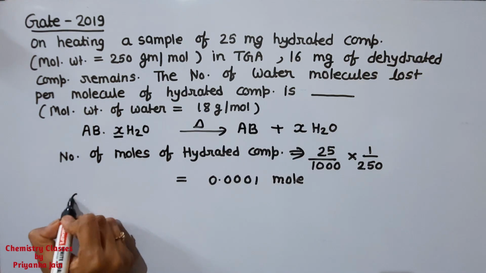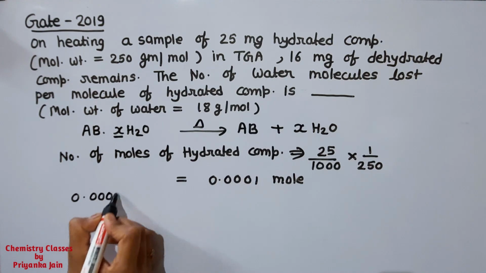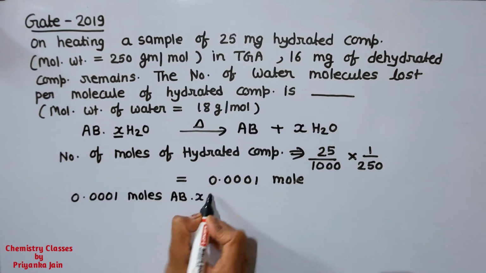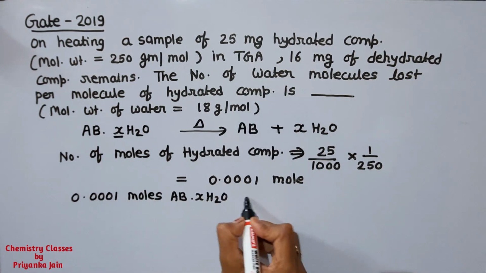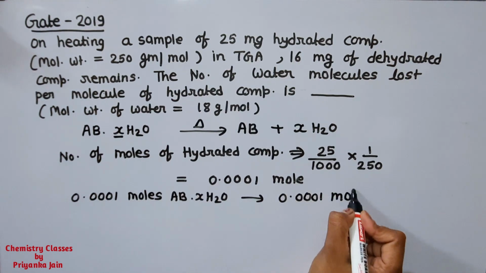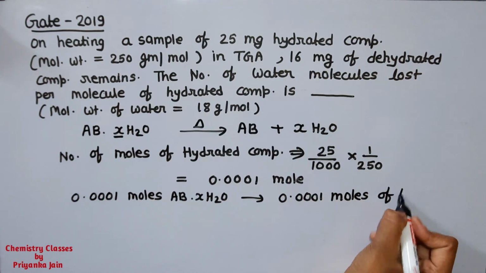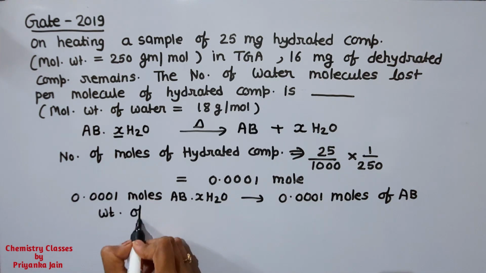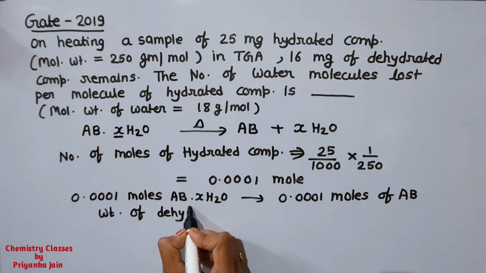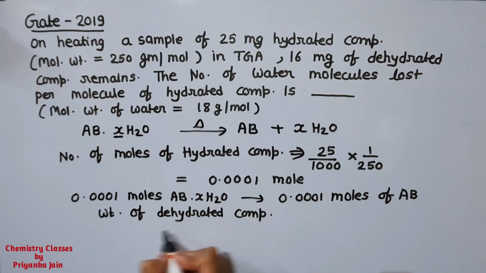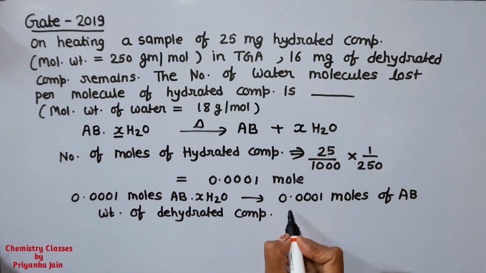It means if we have 0.0001 moles of A·xH2O, the hydrated compound, then it will give us 0.0001 moles of the dehydrated compound. So we can find out its weight. What is the weight of the dehydrated compound? It is given as 16 milligrams.